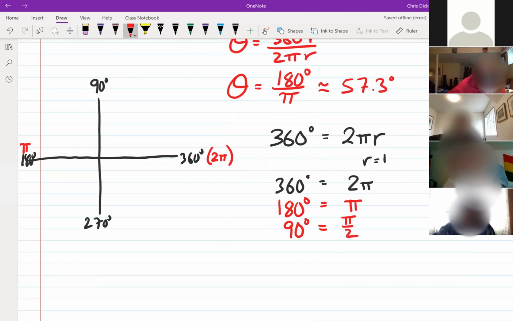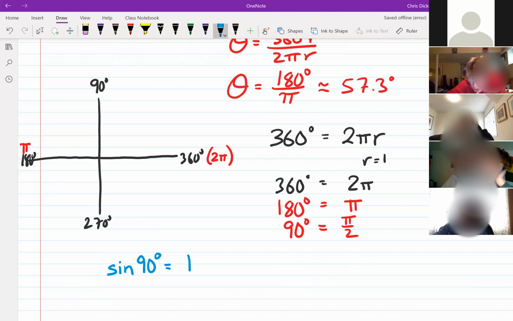Okay, so here's where I want you to use your calculator now. You're going to have kind of quick fingers here, just like you're texting your friends. And I want you on your calculator now to type in the sine of 90 degrees. Once again, make sure you're on degree mode. So sine of 90, and you should get 1.